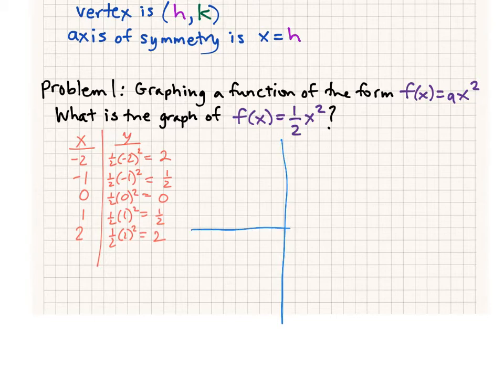That's not very straight, but you guys can get it, right? And then we just plot these points. So we have (-2, 2) and (2, 2). This, remember, is symmetric. (-1, 1/2), and then (0, 0). And then once you have those points, you can just connect them in your nice little U, right? And there's the graph.